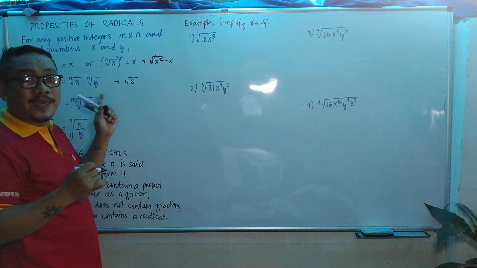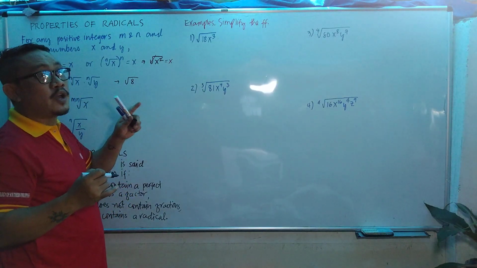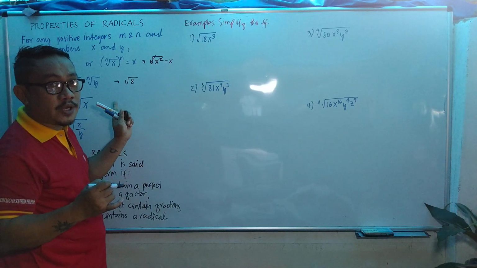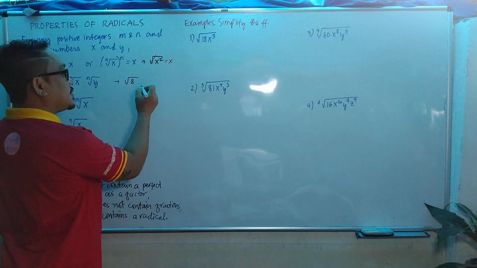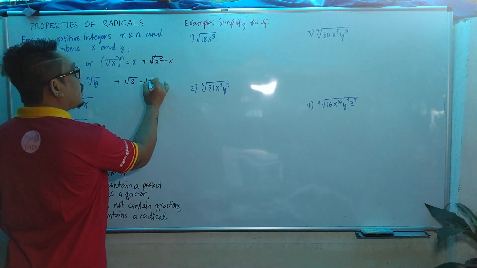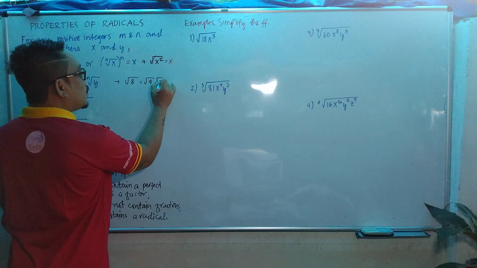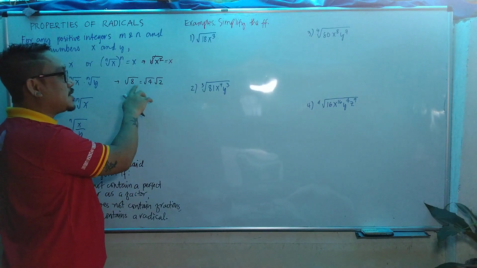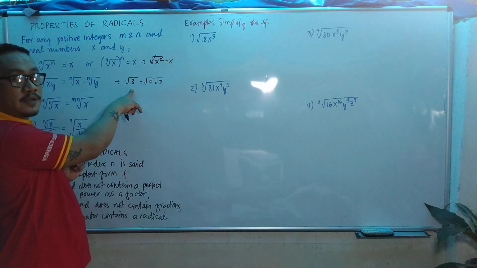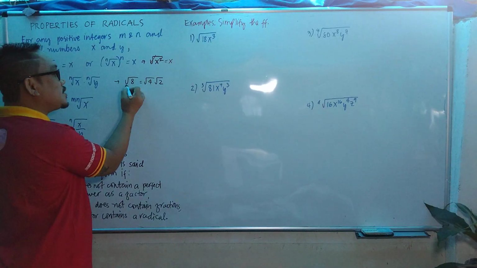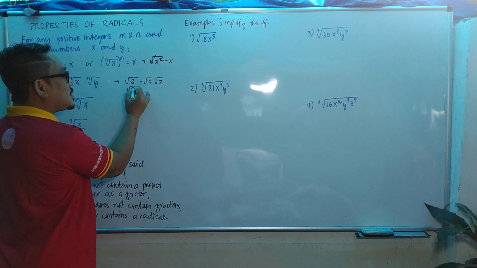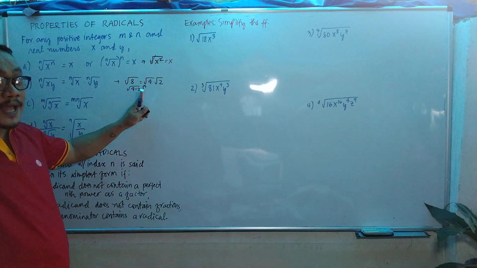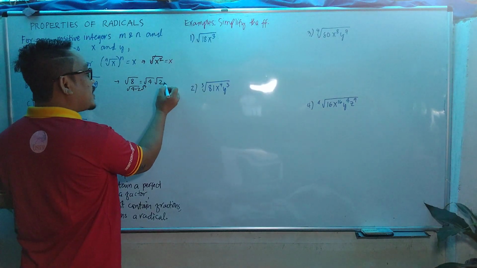We cannot directly get the square root of 8, so we break this radical into two. We can write this as the square root of 4 times the square root of 2, because the square root of 4 times the square root of 2 is equivalent to the square root of 8.